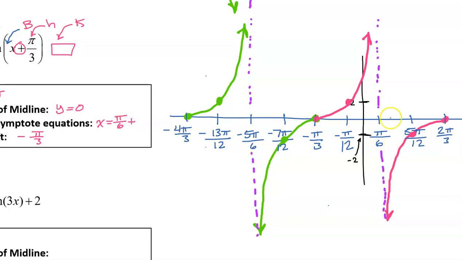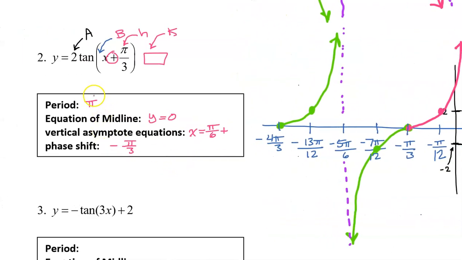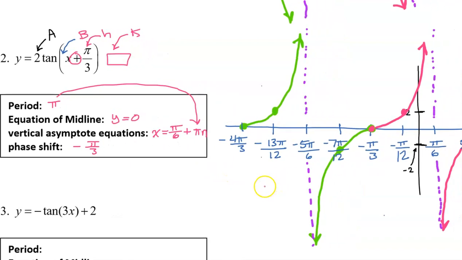Okay? Now, we are going to have one asymptote per period. So we need to add multiples of the period. So for this particular problem, the period is pi. So that pi is going to show up right here every single time. And I'm going to put an n on it to represent all of the periods.